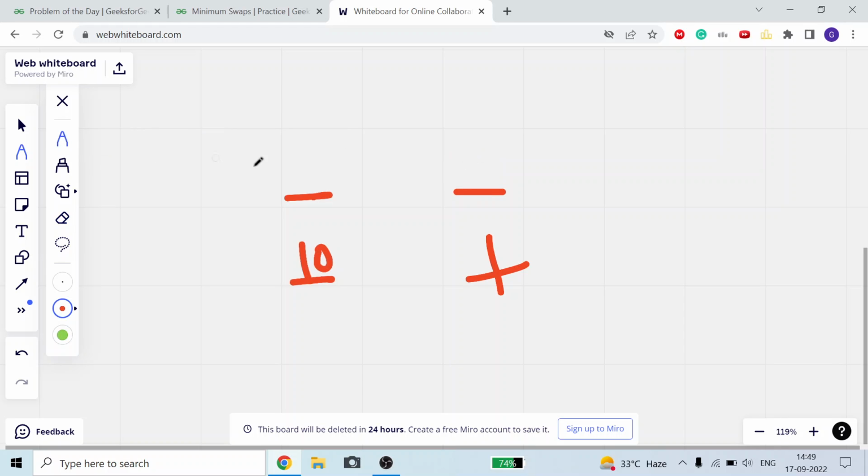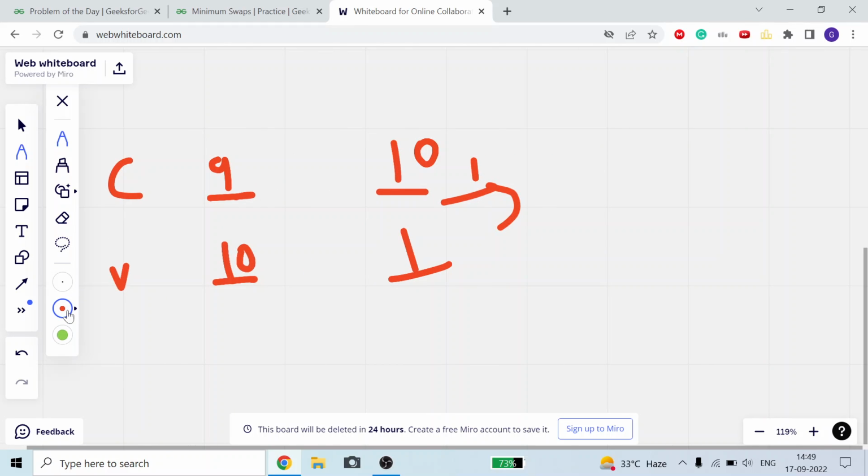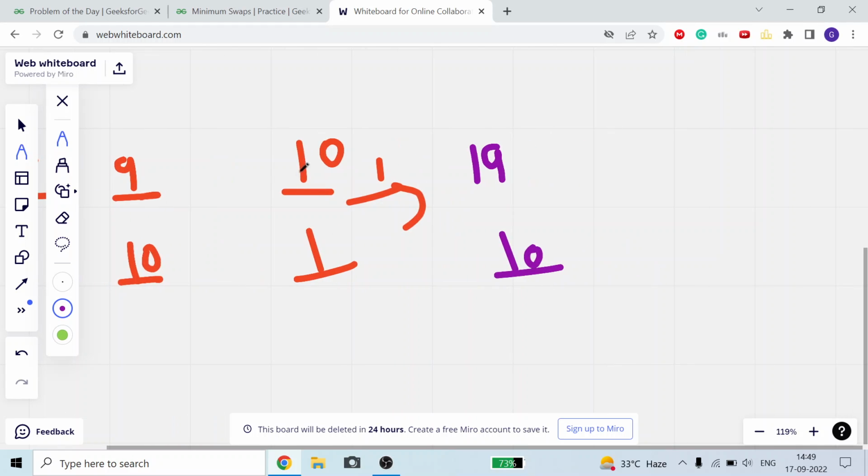Suppose x is at 9 and y is at 10. After 1 unit of time, what should the scenario look like? 9 becomes 19 because in 1 unit it will cover 10 units. The speed remains the same because this is a constant velocity. Now 10 becomes 11 because it is running with speed 1.